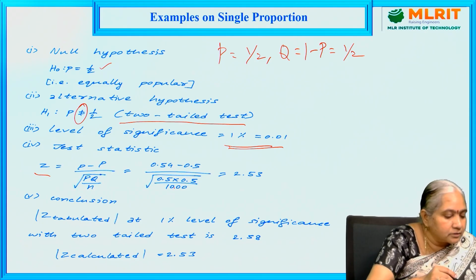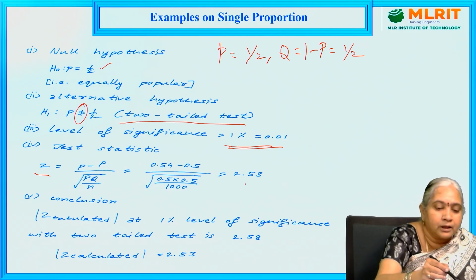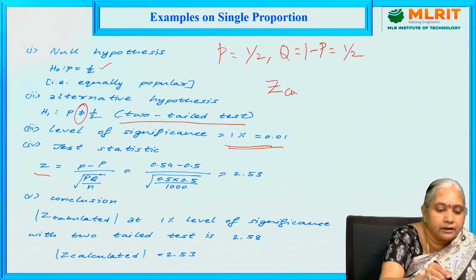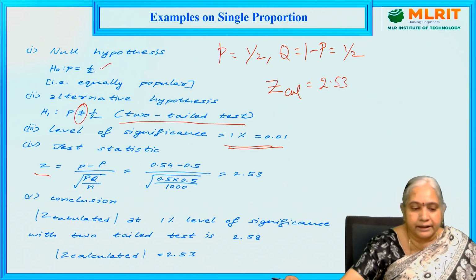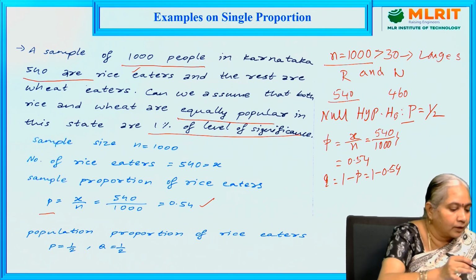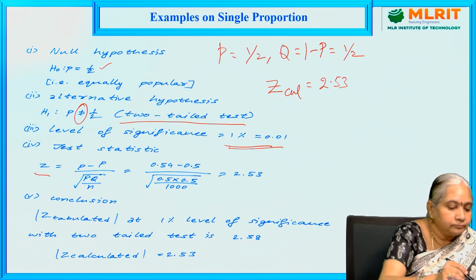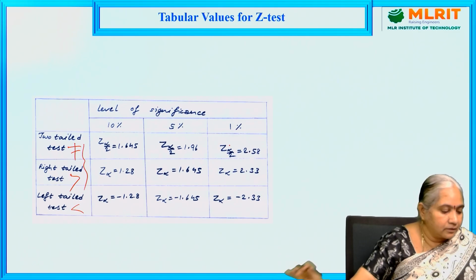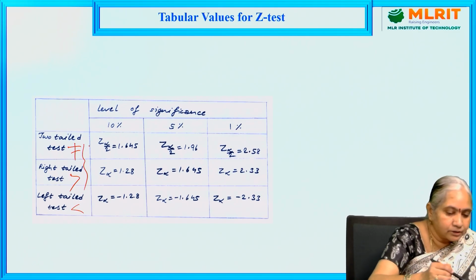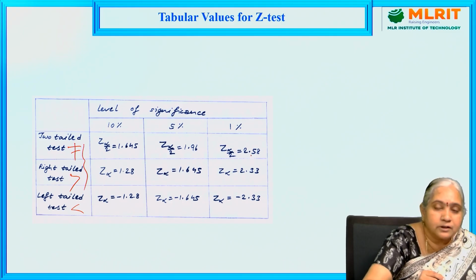After simplification, we get Z calculated as 2.53. At 1% level of significance for a two-tail test, the Z tabular value is 2.58.